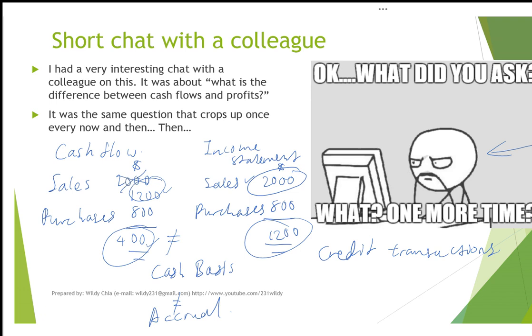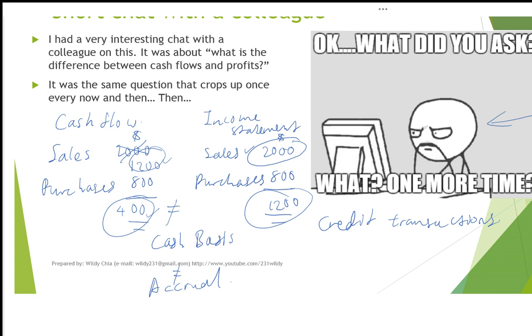As a business person, as an accountant, it's important to understand why cash flows are different from income statements. To understand this, one has to understand that the difference between these two is due to the presence of credit transactions. Some other causes include provisions. Provisions for doubtful debts may also cause cash flows to be different from accounting profits.